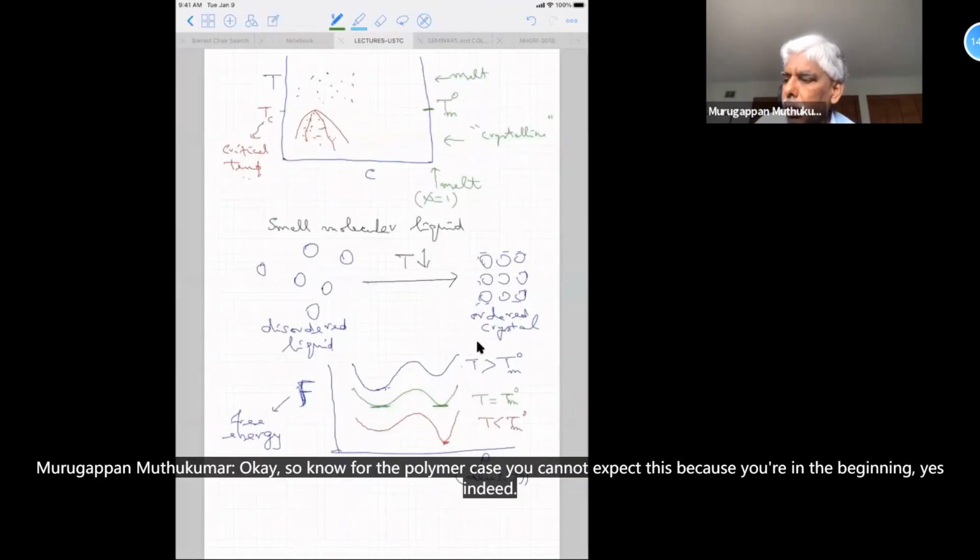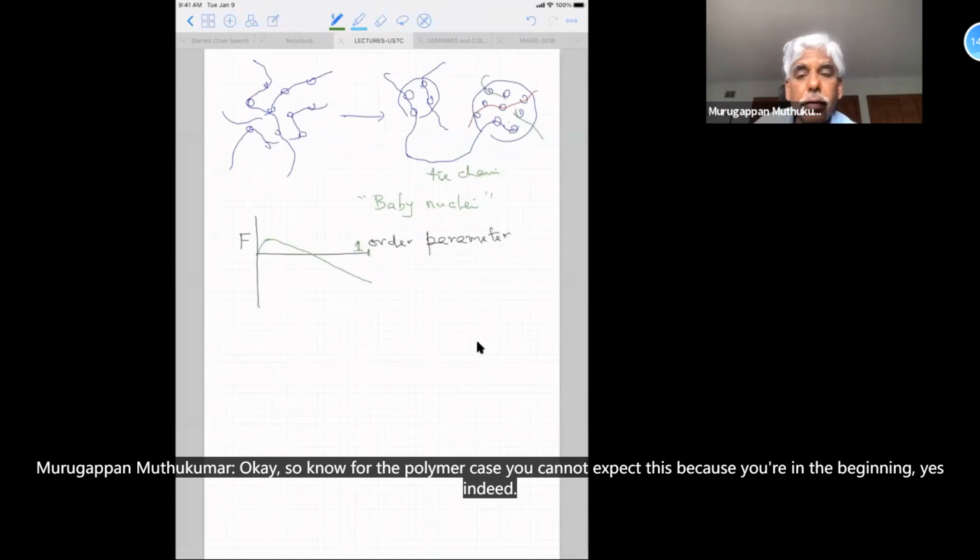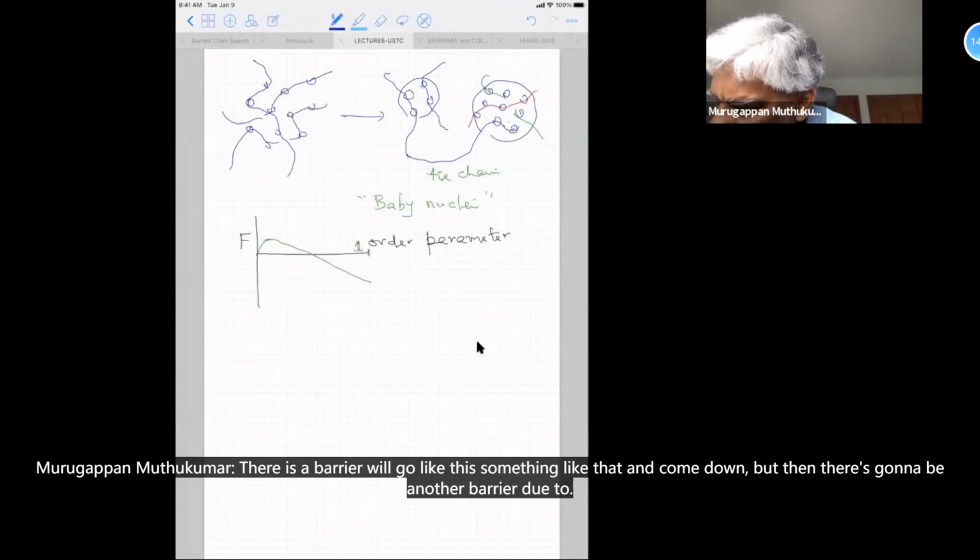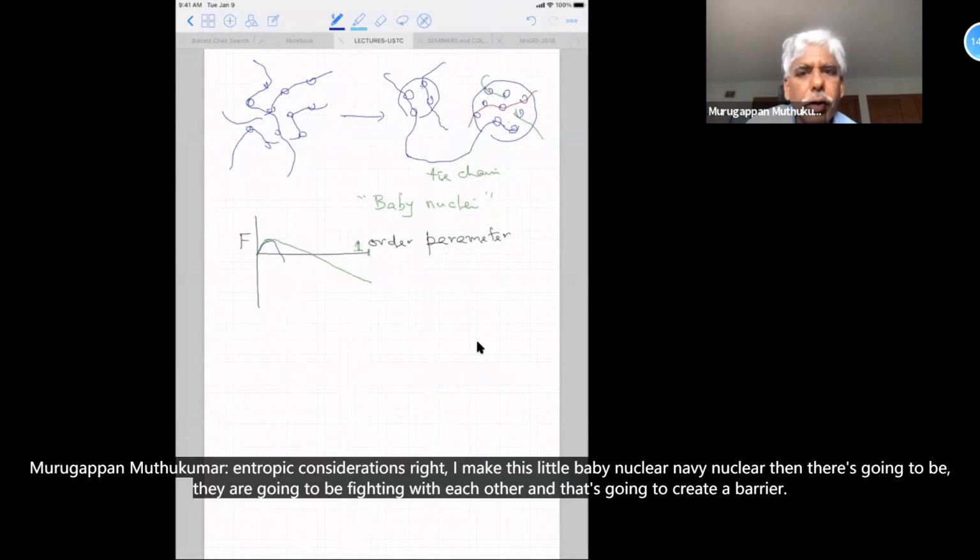Okay. So now for the polymer case, you cannot expect this because, yes, in the beginning there is indeed a barrier. It will go like this and come down. But then there's going to be another barrier due to entropic considerations.